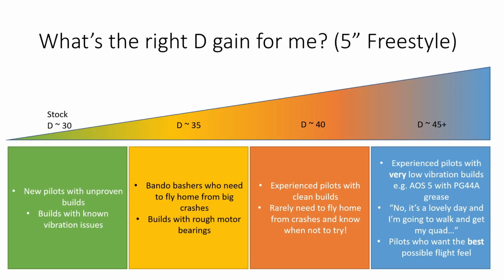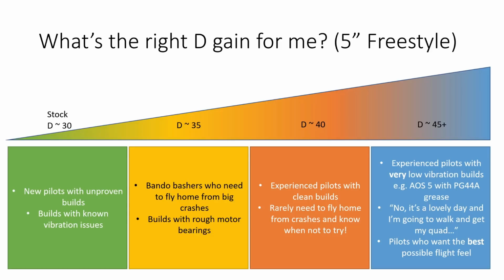If you are a very experienced pilot with a very low vibration build, for example, an AOS 5 frame with PG44A mechanical damping grease applied to it, you've got your filters really dialed in, and you're the kind of pilot who goes, no, it's a lovely day and I'm going to go and walk and get my quad, I am not going to risk flying it back with a bent prop and smoking motors, and you're the kind of pilot who wants the best possible flight feel, that kind of fly-by-telepathy responsiveness, then you might be able to tolerate even higher D-gains, 45, 50, even 55.